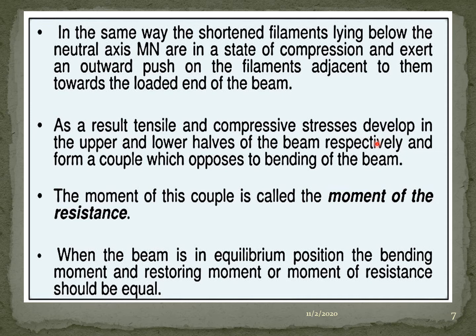So above the neutral axis it will have the tensile stress and below the neutral axis it will have the compressive stress and form a couple which opposes the bending of the beam. The moment of this couple is called the moment of resistance. When the beam is in equilibrium position, the bending moment and the restoring moment or the moment of resistance should be equal.